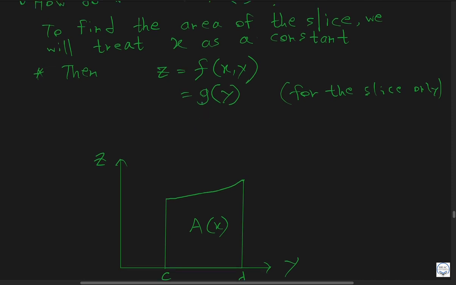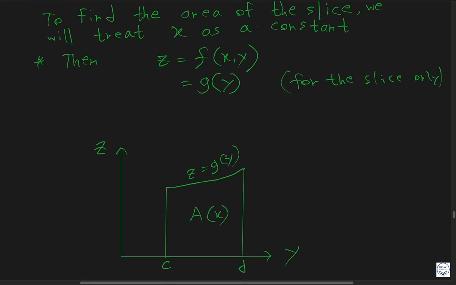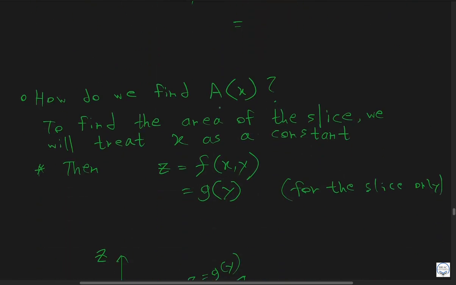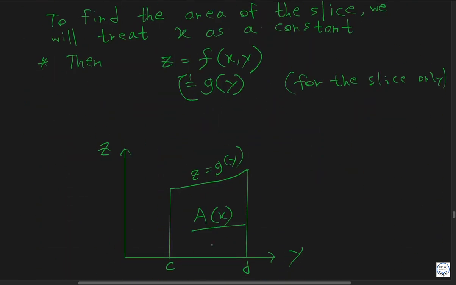Okay, and so let's plot the graph of z with respect to y. So this is actually z equals g of y as a function of y. We can see this is a two-dimensional graph. z depends only on y, not multivariable. And here y varies from c to d, as in the diagram. Here c is covered due to this solid. However, d should be here, as it's a rectangular domain.